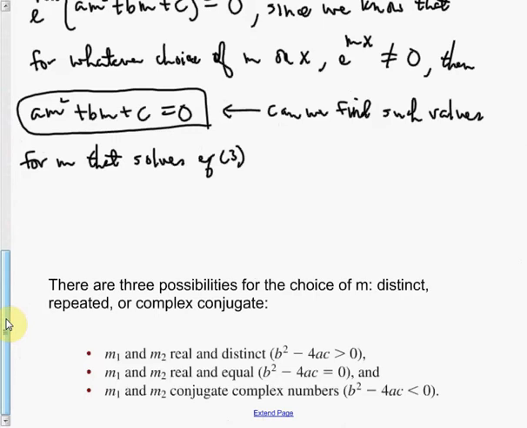The third possibility is that if the discriminant is negative, then m1 and m2 are complex conjugates, right? And that simply means graphically that the quadratic curve does not even touch the x-axis.